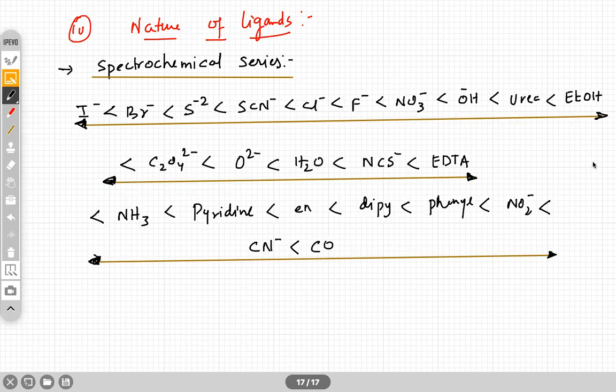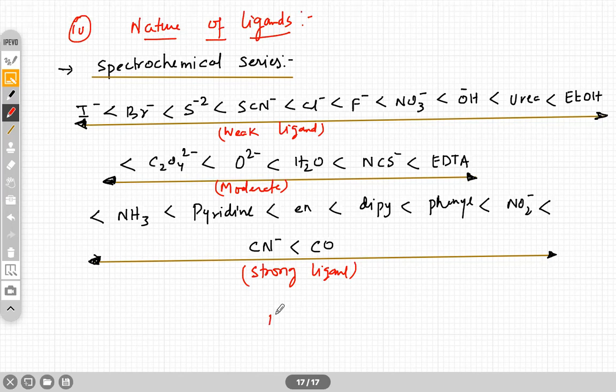From I minus to EtOH, these are weak field ligands, or weak ligands simply. These are moderate, and all these from NH3 onward are strong ligands in general.